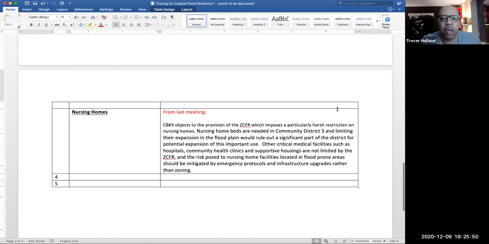I just want to add one thing that I think we're kind of missing. It's not so much constructing nursing homes and hospitals along the floodplain and the waterfront, which I think is problematic in its own way, it's that you still have an evacuation order, even if you have safety protocols. And evacuating hospitals and nursing homes can be challenging, especially if the storm is not as predictable as a hurricane.